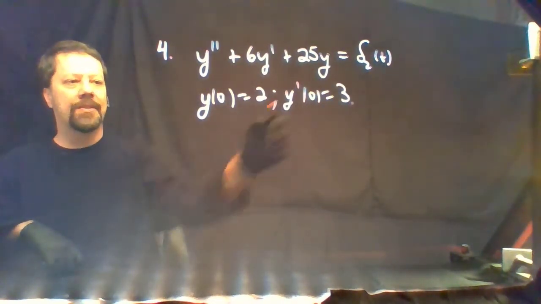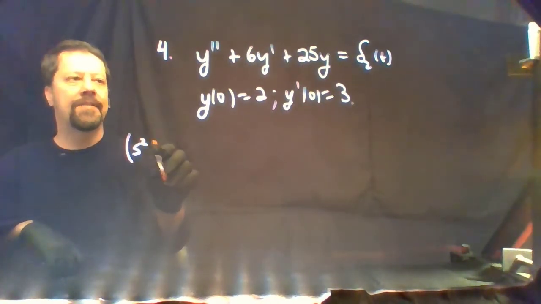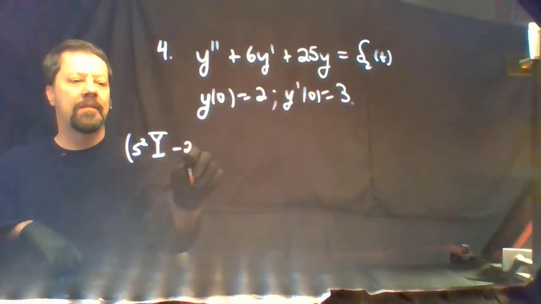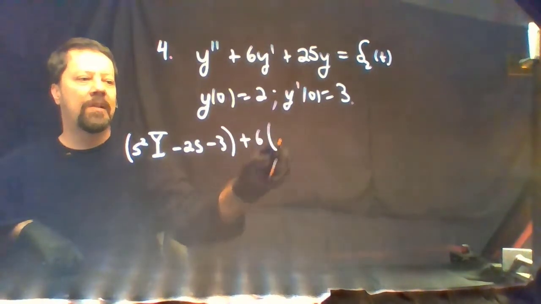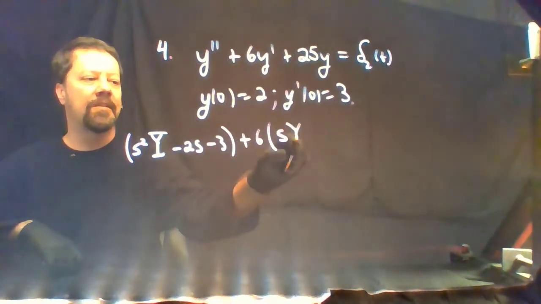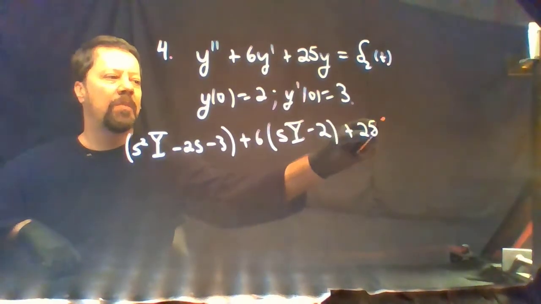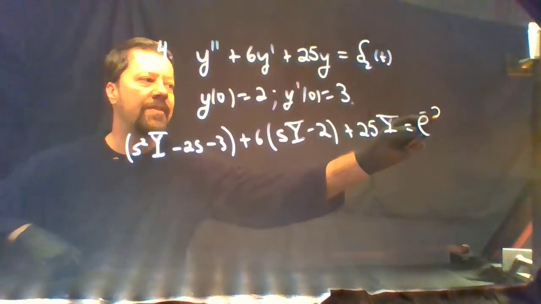Calculating the Laplace transform on both sides of the original equation gives s squared big Y minus 2s minus 3 plus 6 times s big Y minus 2 plus 25 big Y equals e to the minus 2s.